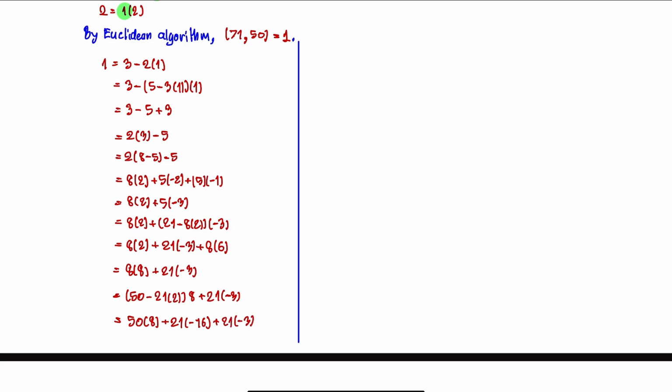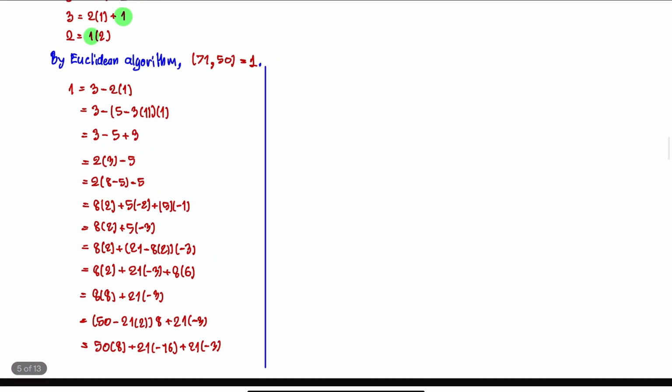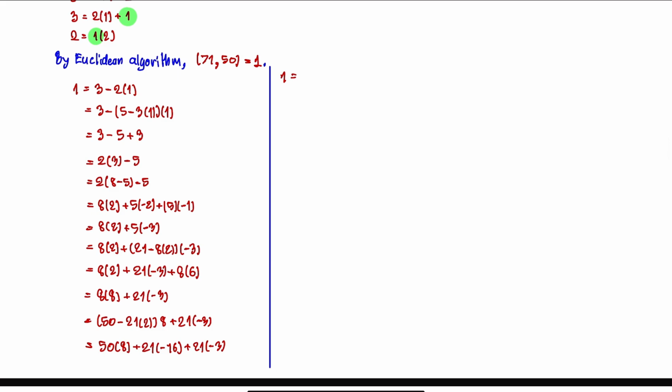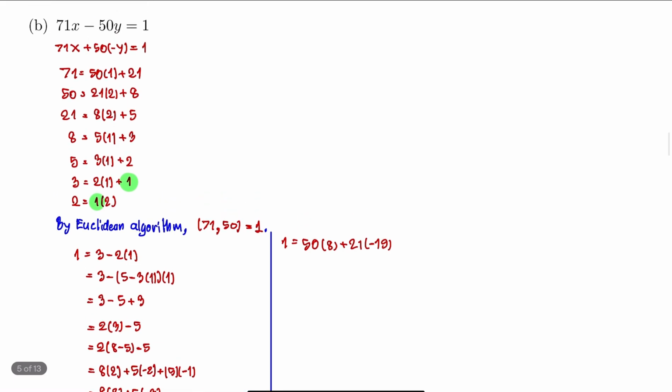Okay, let's go to this area right here. So now we have 1, and we will add these numbers. So we have 1 equal 50 times 8 plus 21 times minus 19. Okay, great. Then what next? The next thing I'm going to do is to rewrite 21 in terms of 71 minus 50.